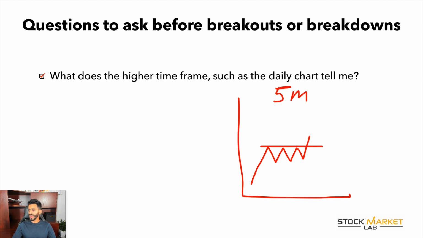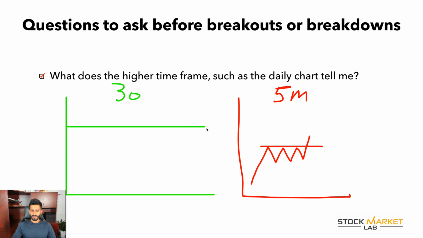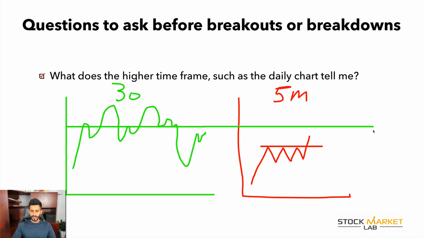But when you go to a higher time frame, like a 30-minute, and this is why you guys should do your multiple time frame analysis, you might see a very strong level right there that was shown for the past few days, and obviously today, the stock is right there. Since the stock is right here, you think that it's breaking out, but in reality, there's a major resistance point that the stock is going into. So if it was to break that, that would give me a higher confirmation of maybe taking on the trade.